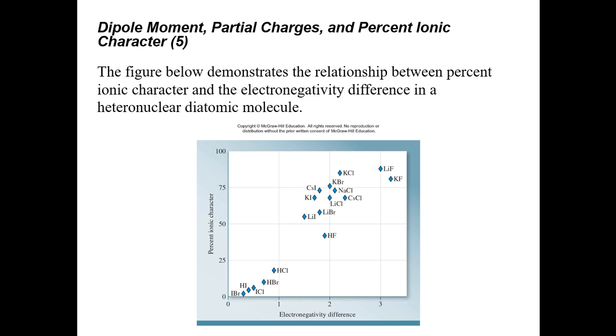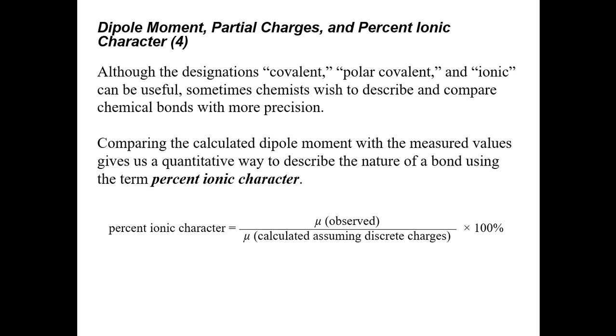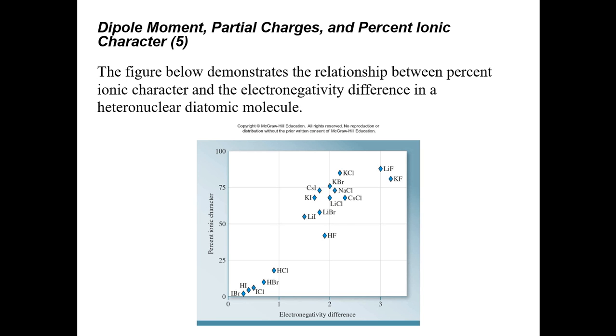You can write all the equations on the sheet. I'm not asking you to find the percent ionic character of anything, but you need to know the trend: the higher the electronegativity difference between the two bonded atoms, the higher the percent ionic character.